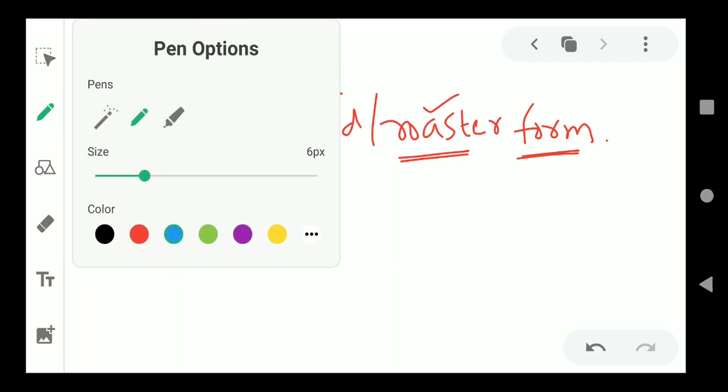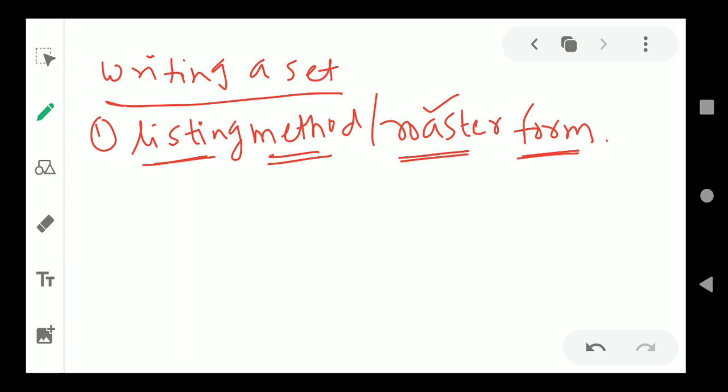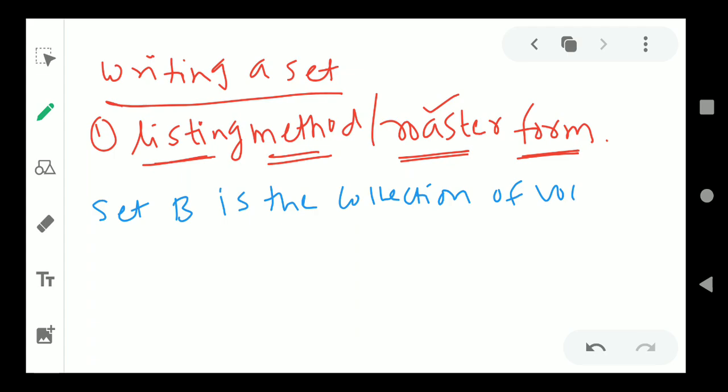Let's take an example. Suppose we have a set B. Set B is the collection of vowels in English.